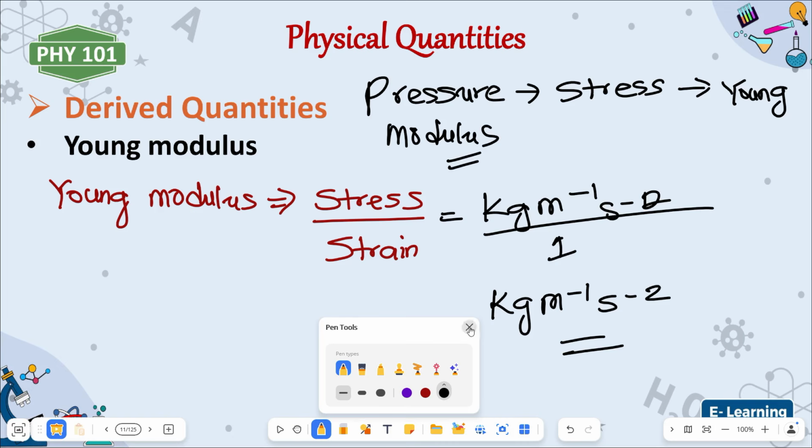Is that okay? All of those have the same dimension. You should take note, because they may ask you a question like this in the exam, where they will give you pressure, stress, Young modulus. Which of the following has the same dimension as Young modulus? You should be able to state. Which of the following has the same dimension as stress? You should be able to state. All right?